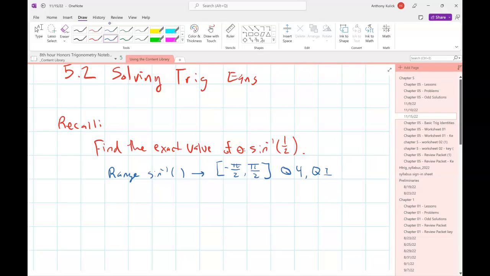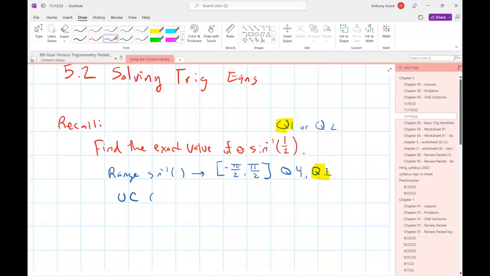Where is sine theta equal to 1/2? Where's sine positive? Quadrant 1 or 2. So where am I going to be looking? Quadrant 1. So I go to the unit circle.